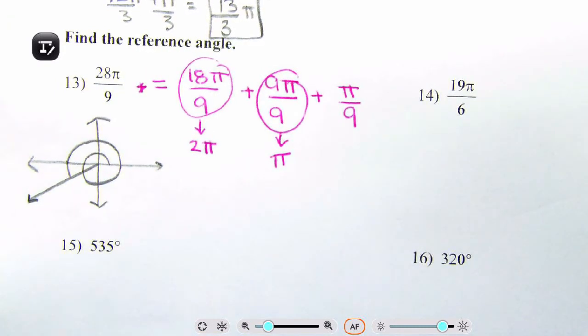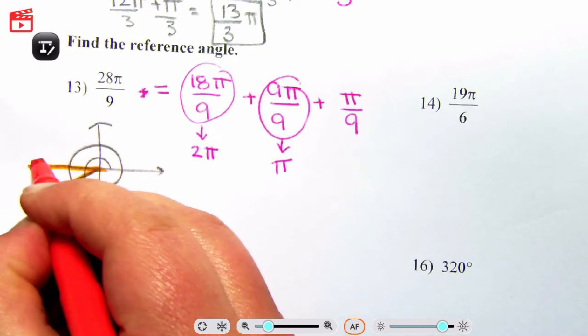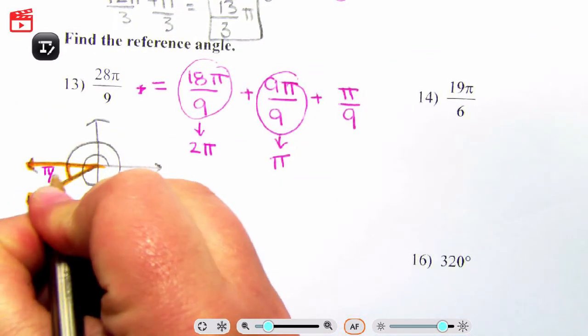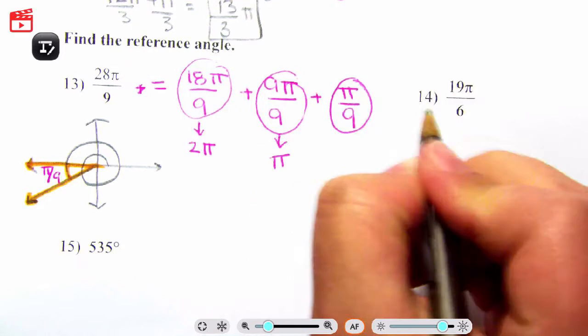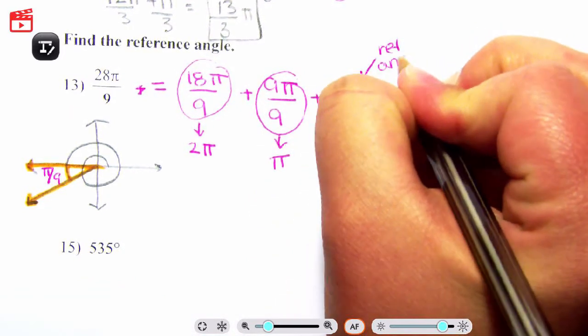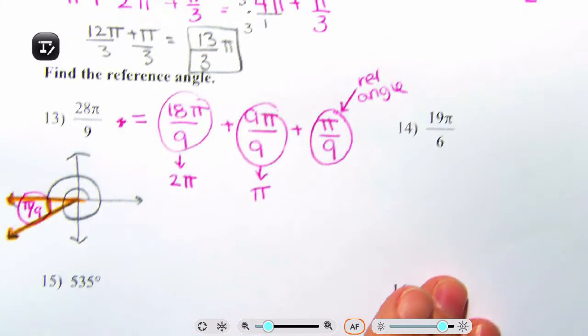I'm looking for the reference angle, which is from the x-axis to my terminal ray, which is this angle here. And that angle just ends up being my π/9 angle. So this right here is your reference angle. It doesn't always happen that way. I suggest you draw a picture so you can visualize it.